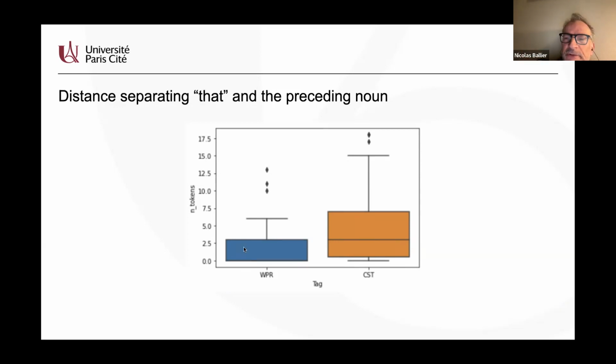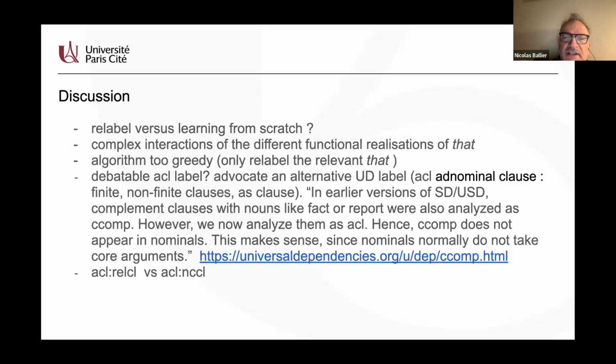For relative clauses, the that tends to be very close to the antecedent, but we may have intervening tokens, such as a relative clause, between a noun and the that of the complement clause. So that's a definite factor for explaining why the that corresponding to WPR are in a way easier to learn, and they're closer and easier to determine.